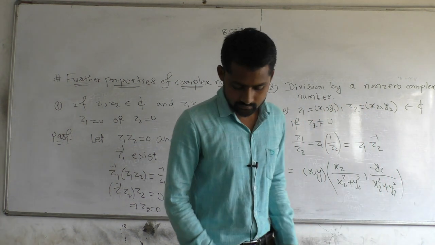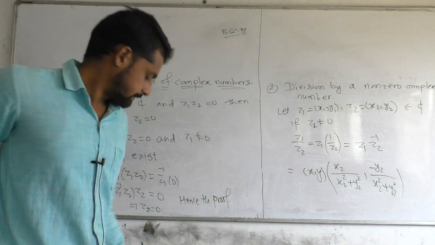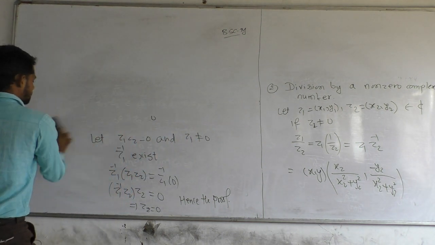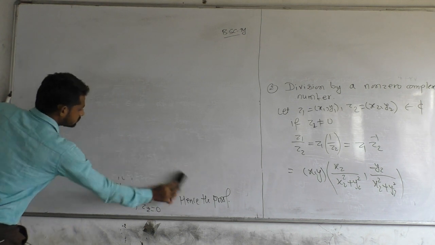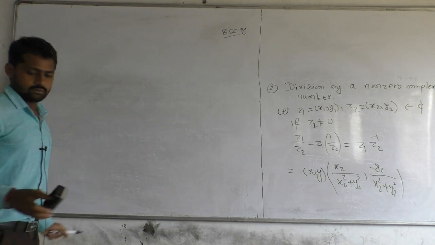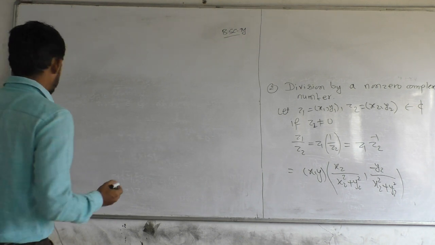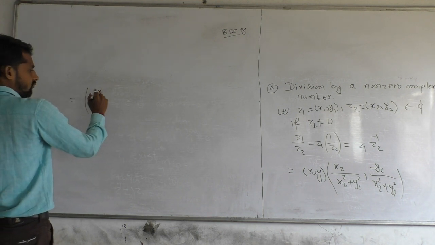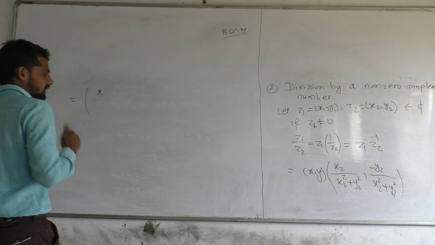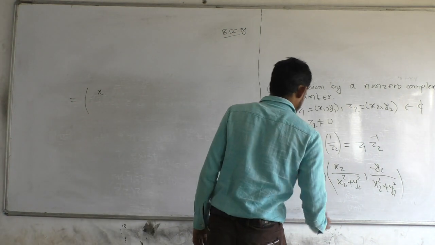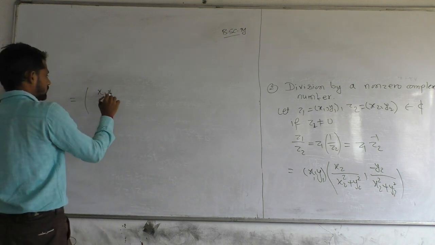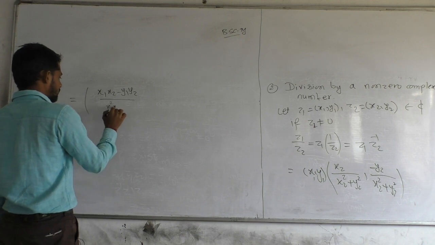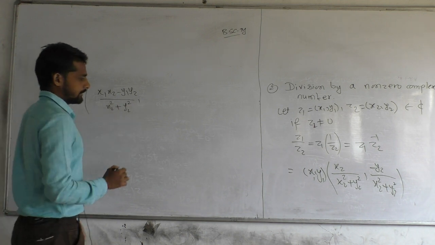So we can further calculate this. Now this is equal to Z1 is x1, y1, times this: x1 x2 minus y1 y2 divided by x2 square plus y2 square, comma.